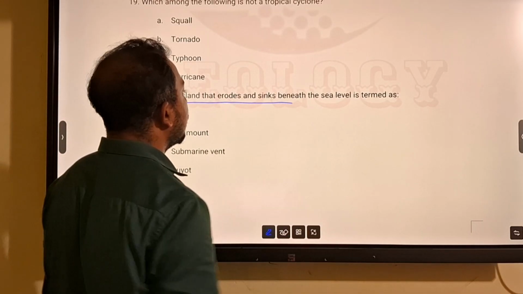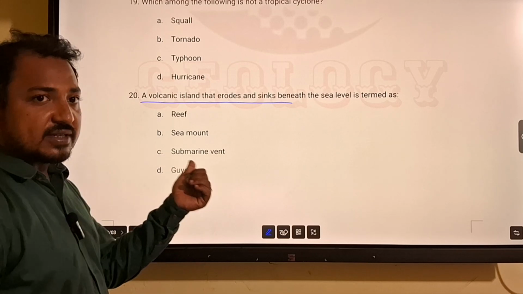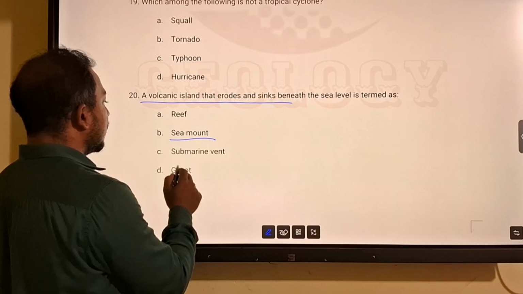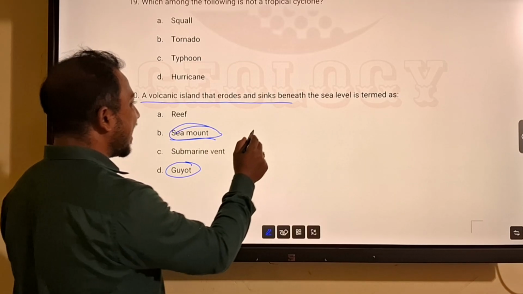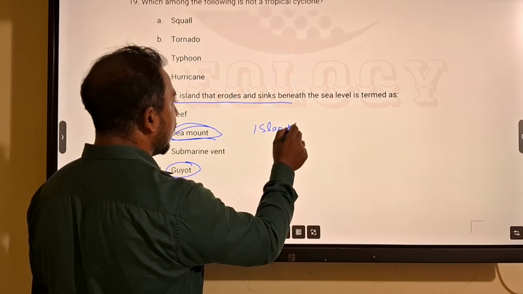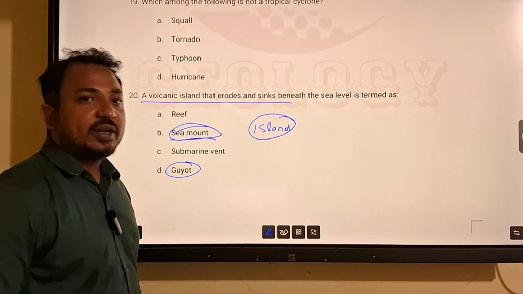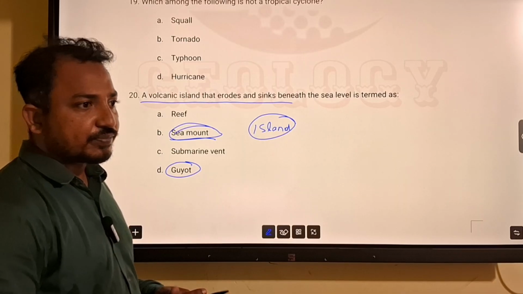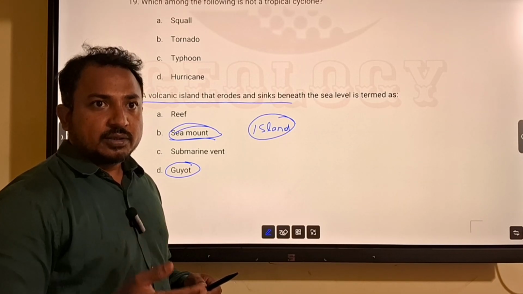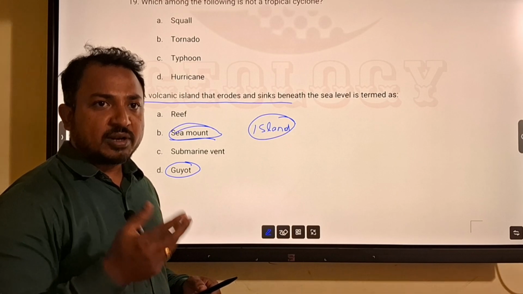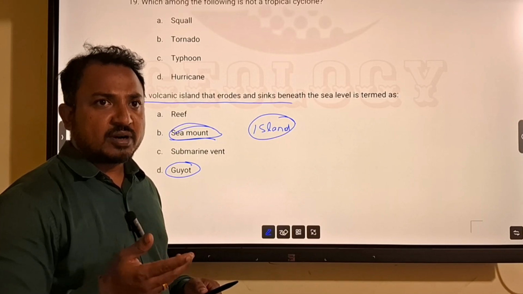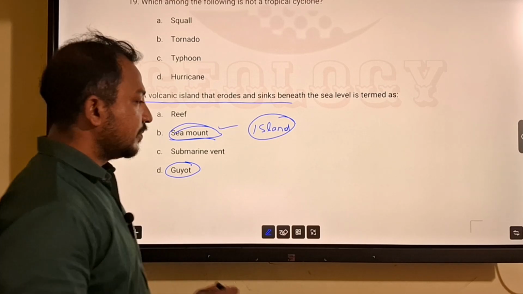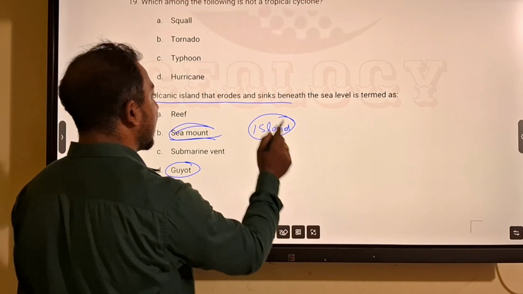A volcanic island that erodes and sinks beneath the sea level. This also we have discussed in the physical geology question. We have seamounts, guyots, and islands. They all occur during intraplate volcanism. When intraplate volcanism occurs, a volcanic mountain or an island is produced. If it emerges above the surface, this is called an island.